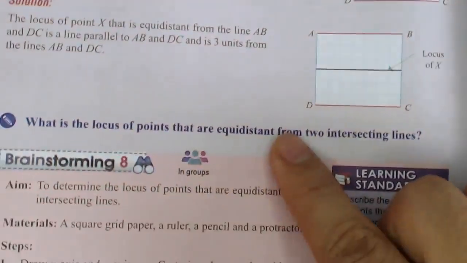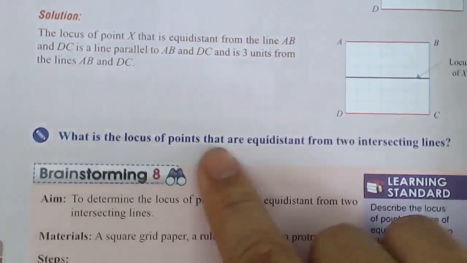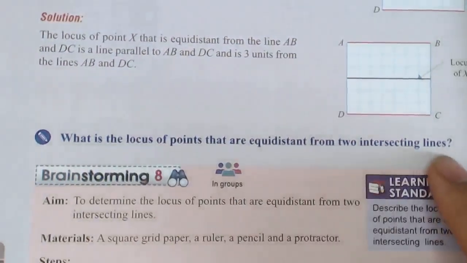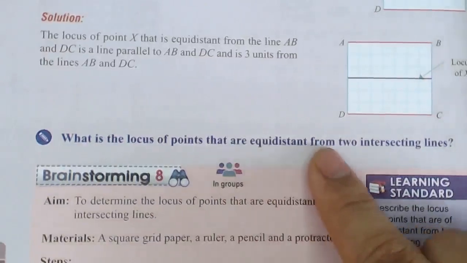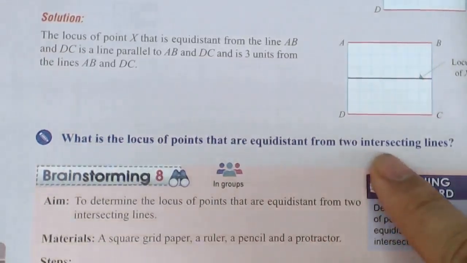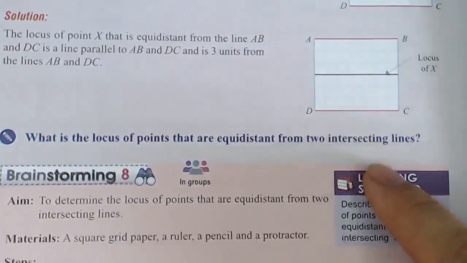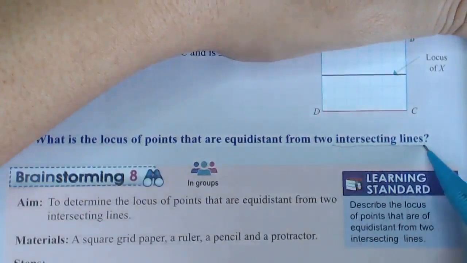Moving along. What is the locus of points that are equidistant from two intersecting lines? This time it is intersecting lines.